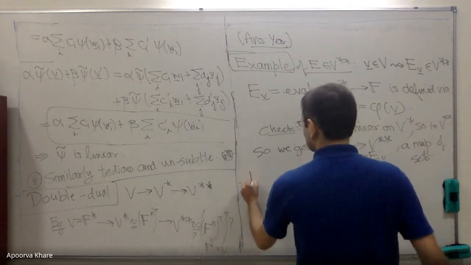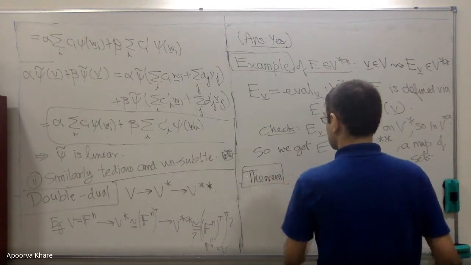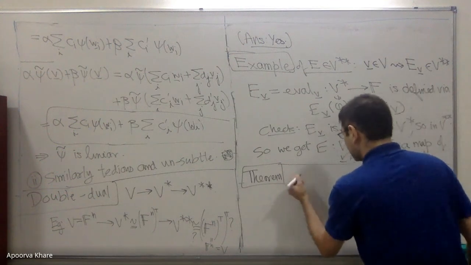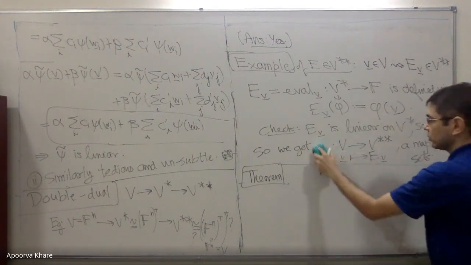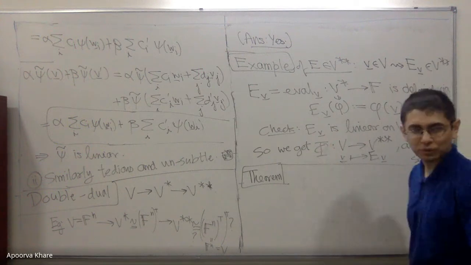Theorem. The map E sending v to E_v is indeed a linear map. It is, I think, 1-to-1. Let's not call it E, it might be confusing. I'll call it capital phi, because that's what I wrote in my notes.